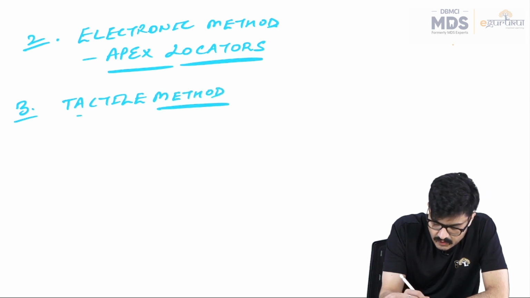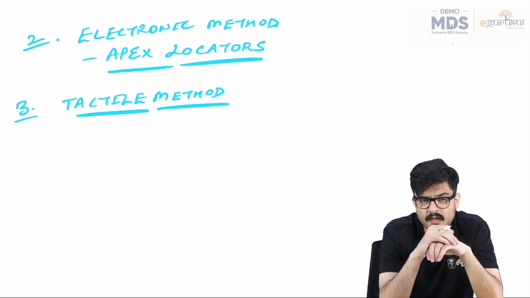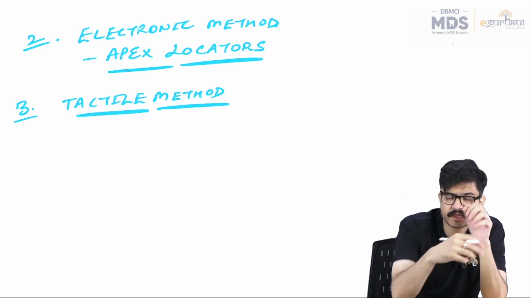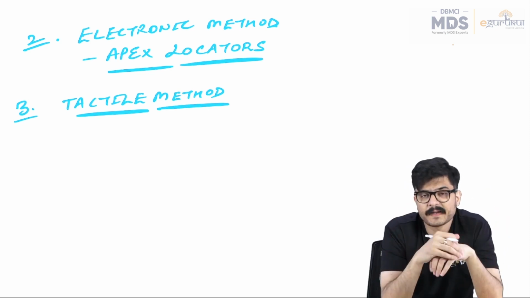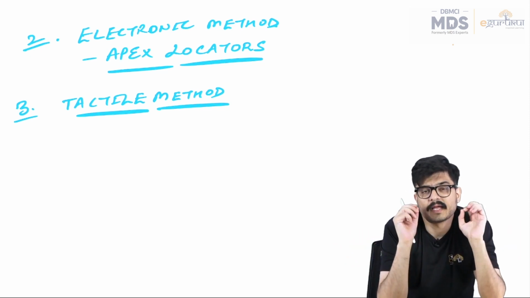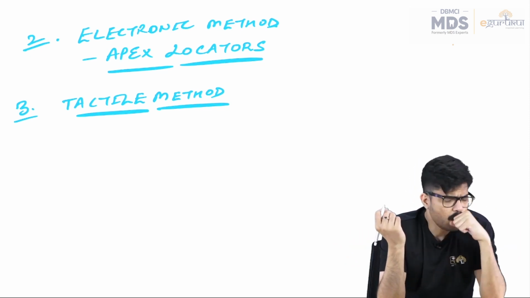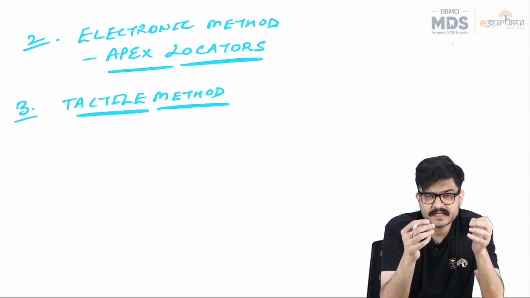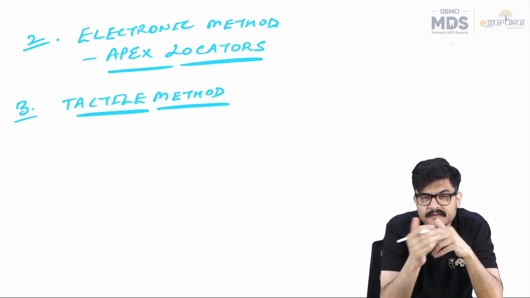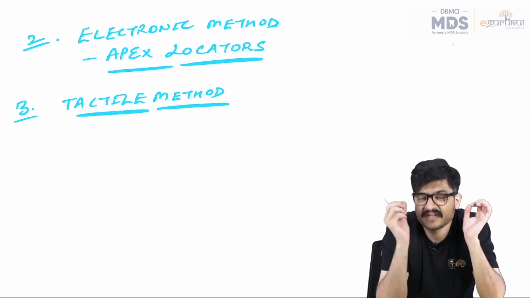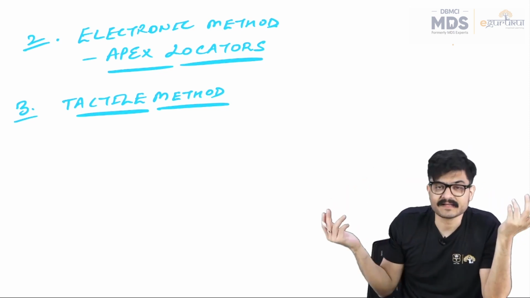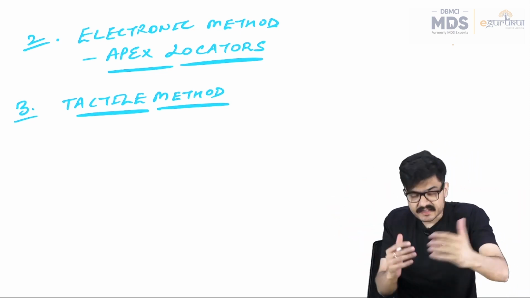The tactile method is when we feel the resistance in the file as we move closer to the apical seat or the apical matrix, simply the apical third of the root canal. An experienced operator would say that he can feel the constriction in the canal, and that by the tactile feedback he can estimate that he has reached the working length, or in other words, somewhere near the apical constriction.